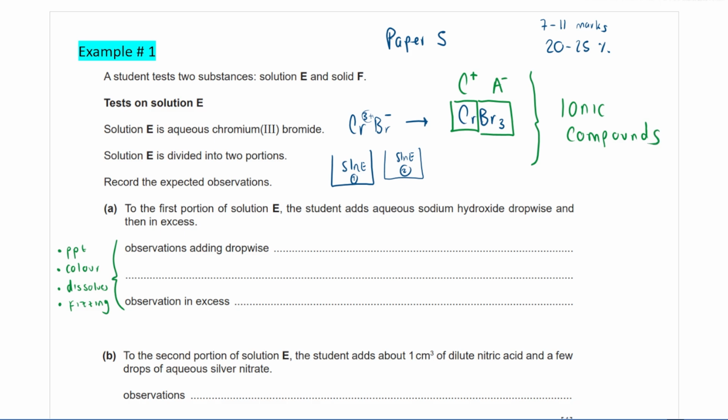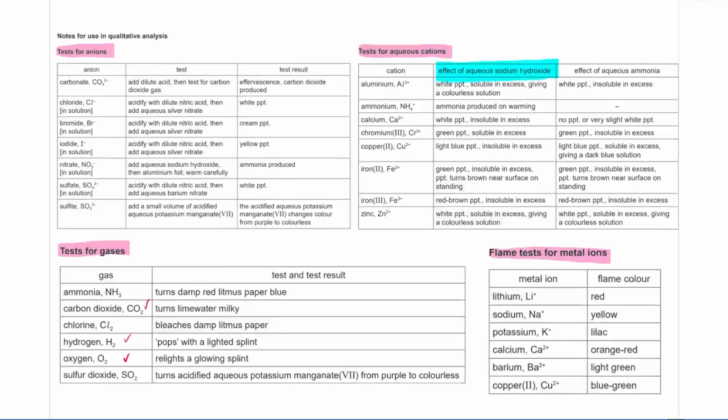So let's go back, and here we have the tests for aqueous cations, and here we have the effect of aqueous sodium hydroxide on different cations. In this exercise, we need to check what would happen if we add sodium hydroxide to our cation.